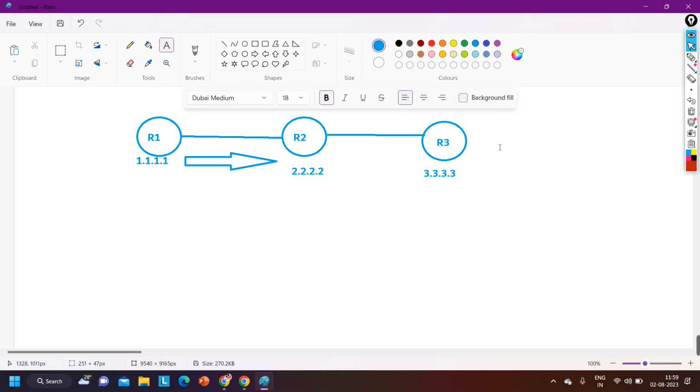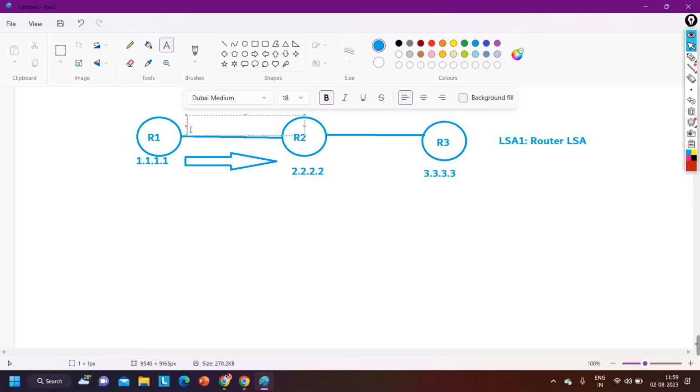First, let's discuss LSA1. LSA1 is known as router LSA. All routers in the OSPF domain generate LSA1, and in the LSA1, the router is going to keep the information of links.